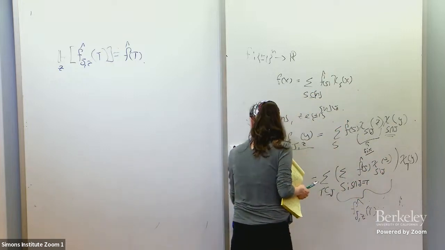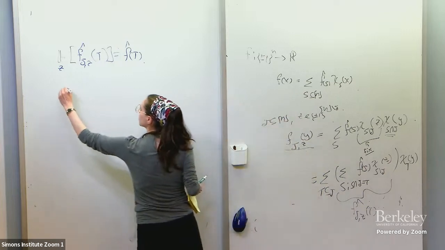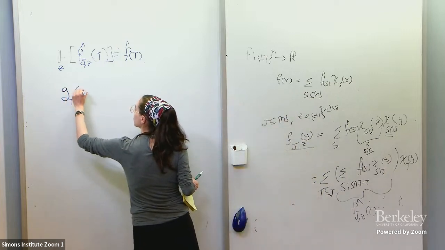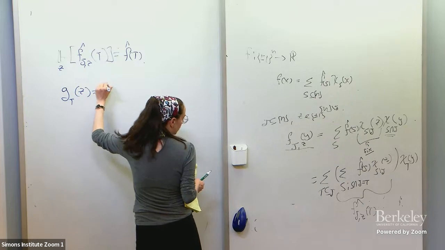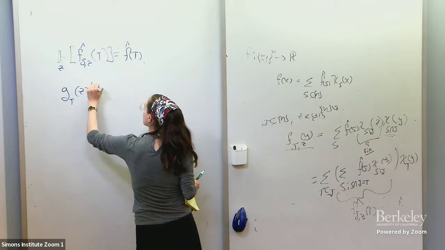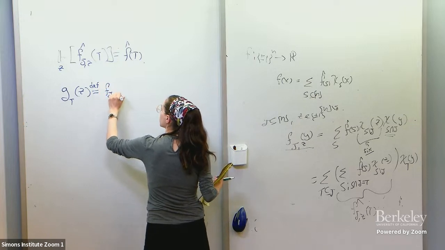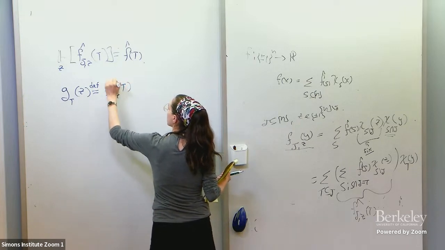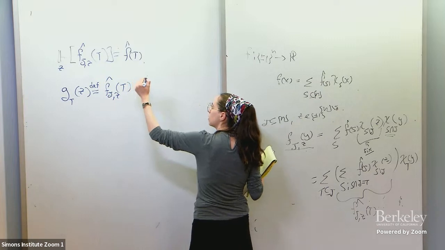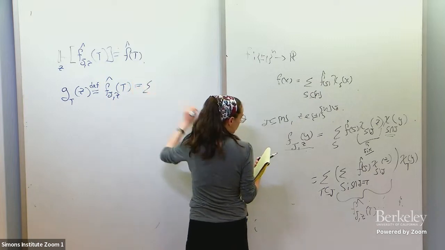So if we define G_T of z to be the Fourier coefficient in the restriction, we have this expansion.